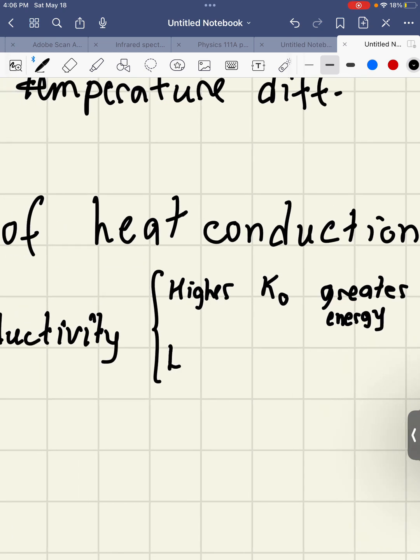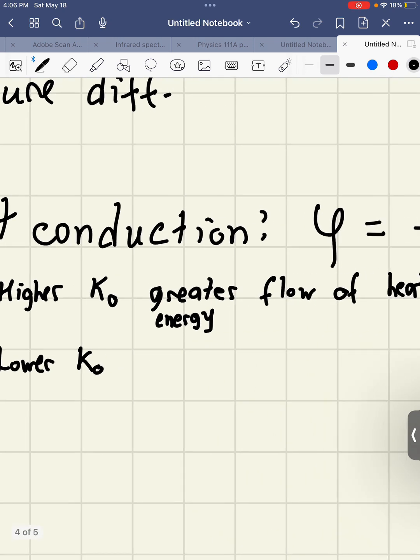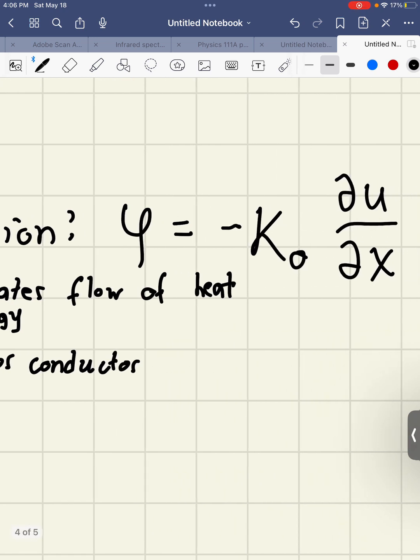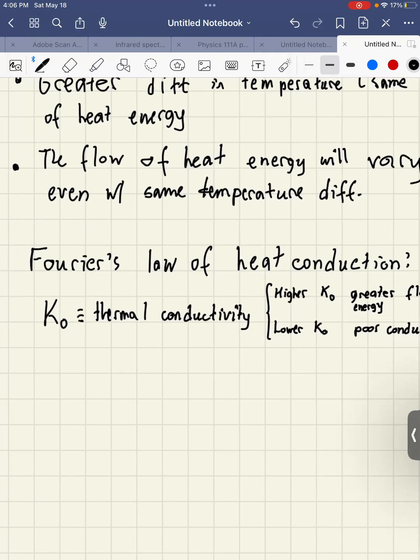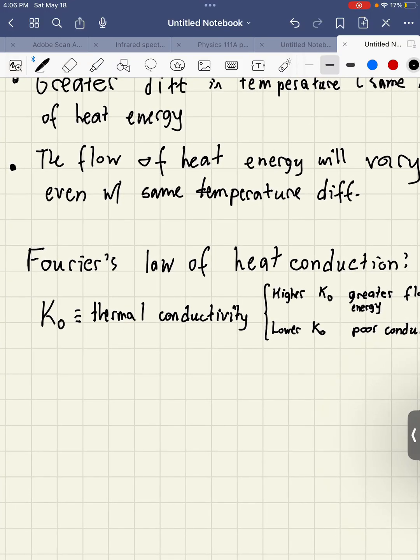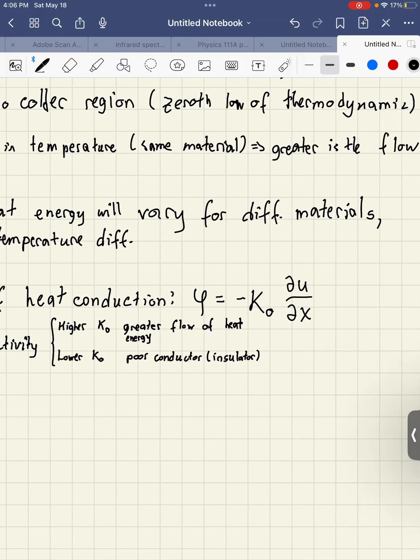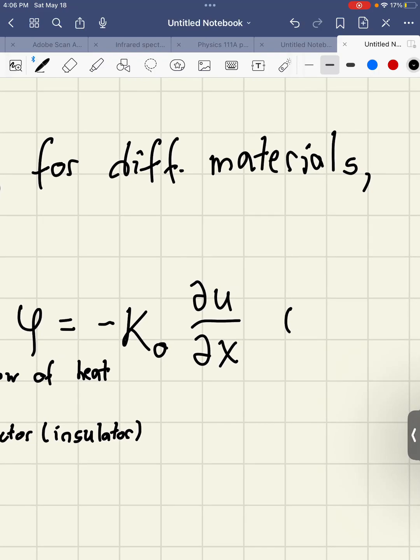The lower the K naught, the poorer the conductor, or insulator. Now, let me rewrite this as our equation 2.